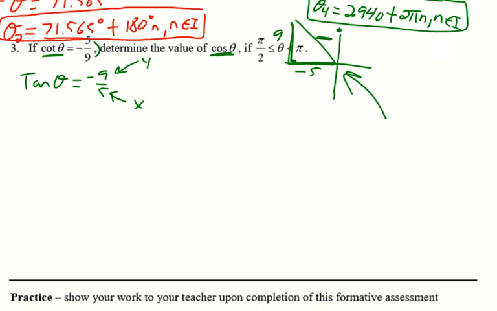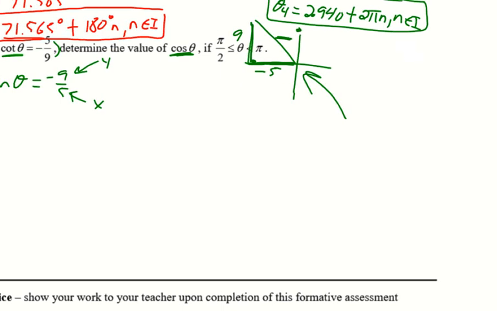So let's figure out the hypotenuse here. 9 squared plus 5 squared, or negative 5 squared, doesn't matter, is equal to c squared. If you do that, you end up with the square root of 106 for c.